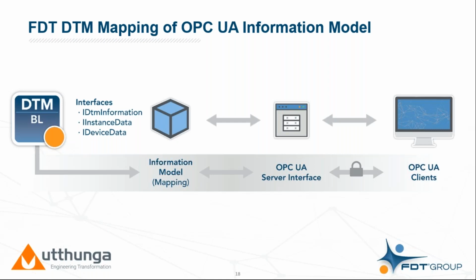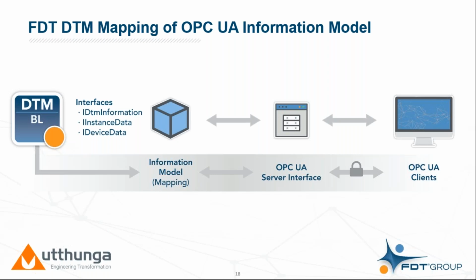We essentially tap into those interfaces and map that information into the OPC UA data model. From there, it is interfaced to our OPC UA server that is built in to our common components, and then that is made available to any authorized OPC UA client.